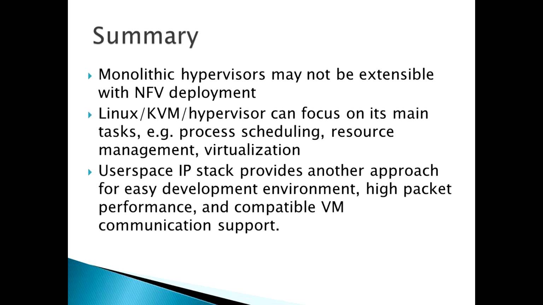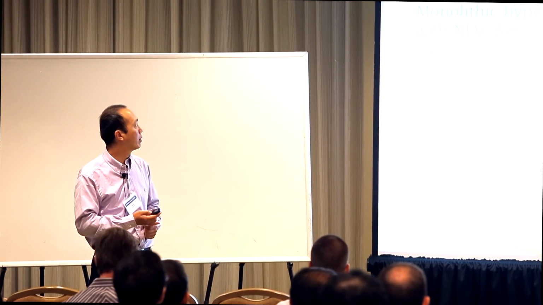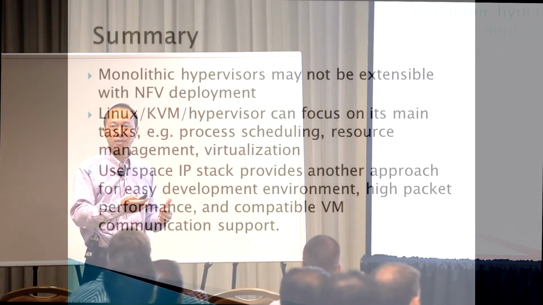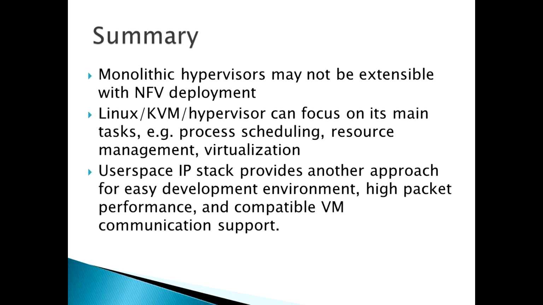The second thing we want to bring up to the community is that we think Linux KVM or other kinds of hypervisor should focus more on the core functions, provide virtualization functions, and leave process handling and memory management, but leave routing and network functions to the outside, making it easier to expand in the future and making the hypervisor more stable in the future as well.